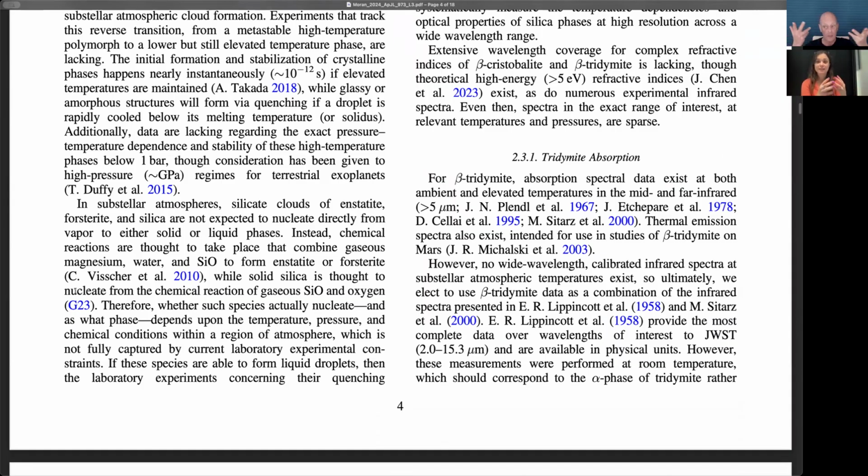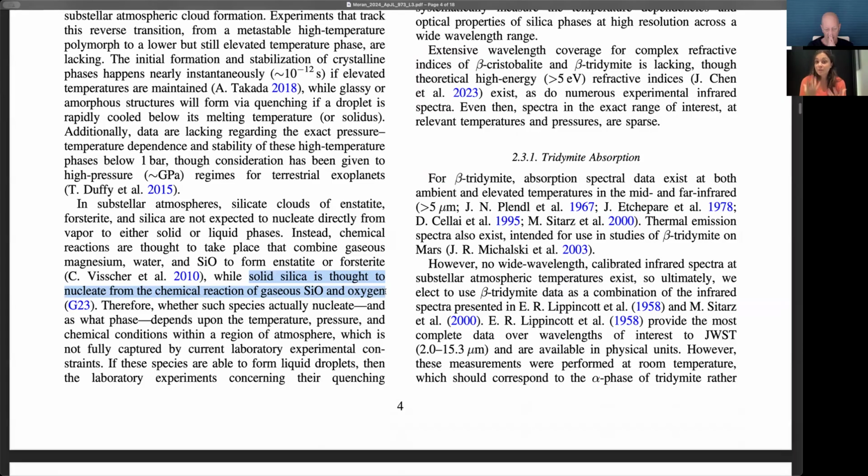What we're actually expecting is a chemical reaction to take place. So we have both SiO and then oxygen that's probably freed from water vapor, and those react together to make your solid SiO2 particle, which makes it, again, just more challenging to recreate this in the laboratory to then extract those values to put into an atmospheric model.